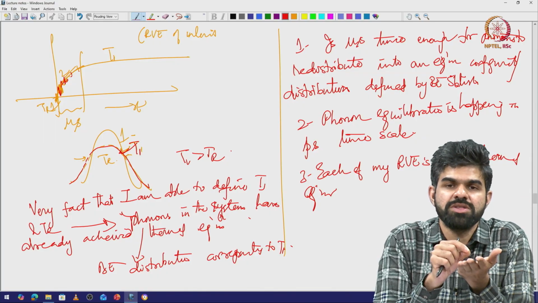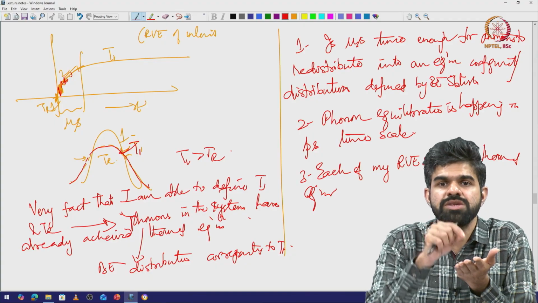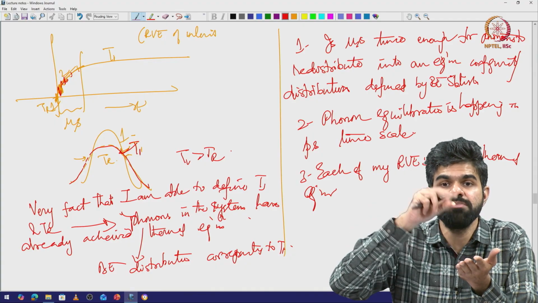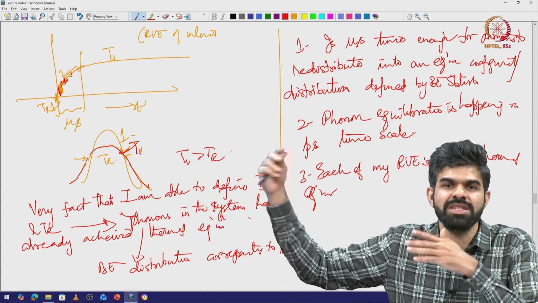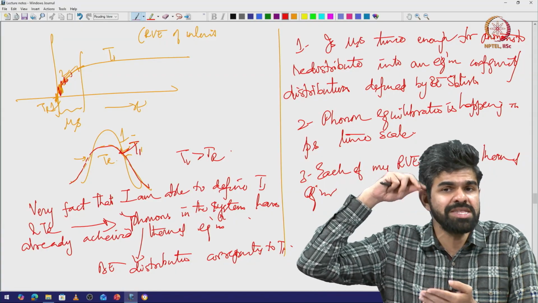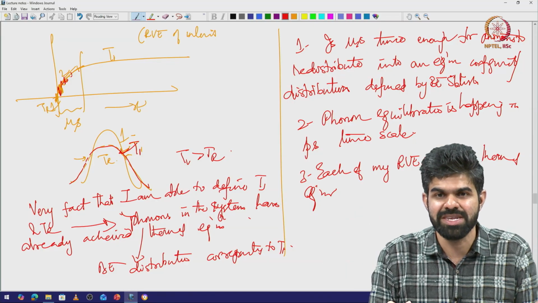As the temperature is increasing from 25 degrees to 26 degrees to 27 degrees, by the time it goes to 26, even before you realize it, the distribution has already become equivalent to 26 degrees, right. By the time you reach 27 degrees, the distribution has already become one equivalent to 27 degrees, right.